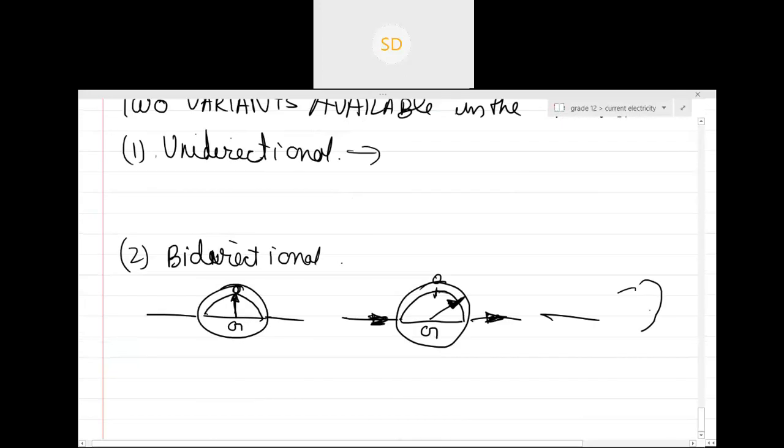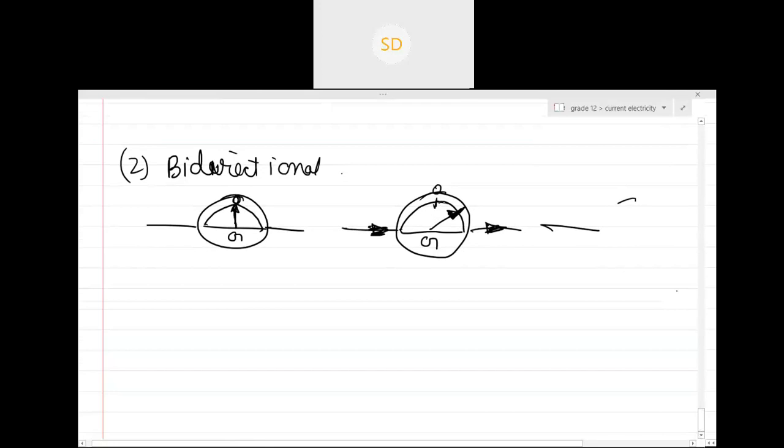Is this clear, guys? If the current is going in this direction, then it will deflect towards the left. So this is your bidirectional variant, which is very common these days. It is expensive, but it is the most commonly used.